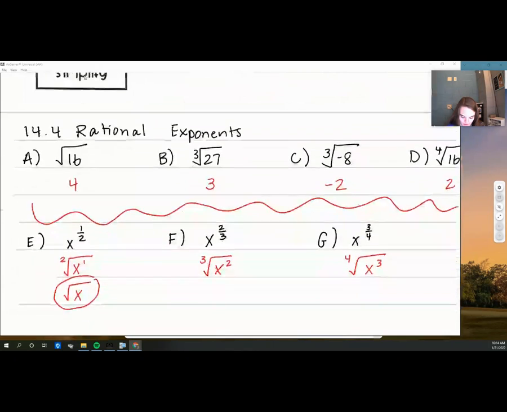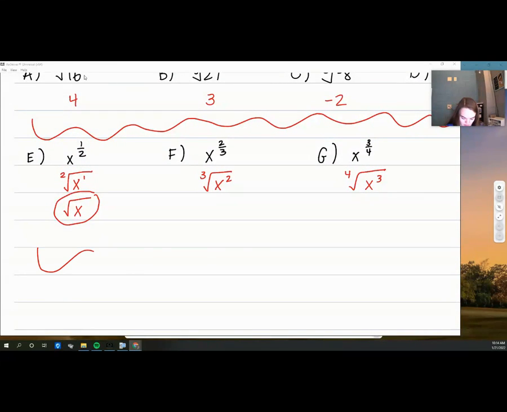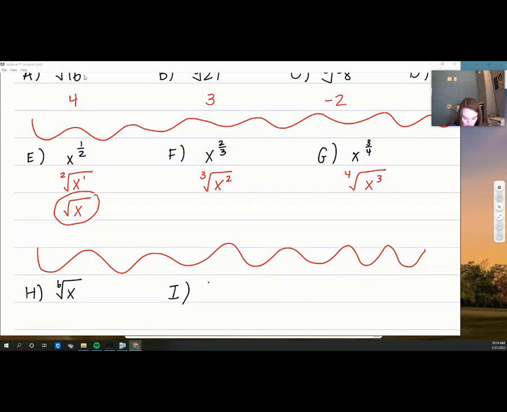Okay, let's go back down. So you can try these on your own. H is the 6th root of x. I, the 5th root of x to the 10, y to the 15.